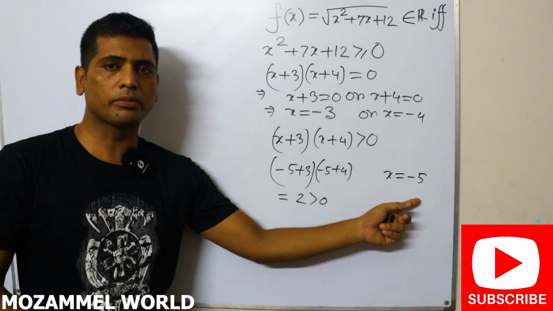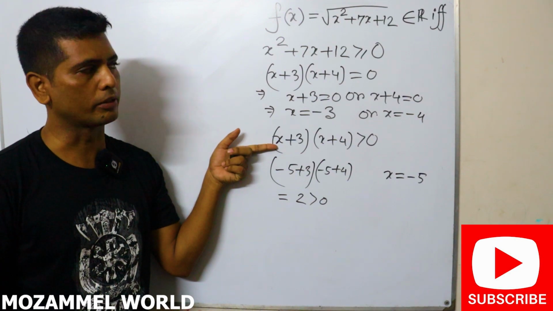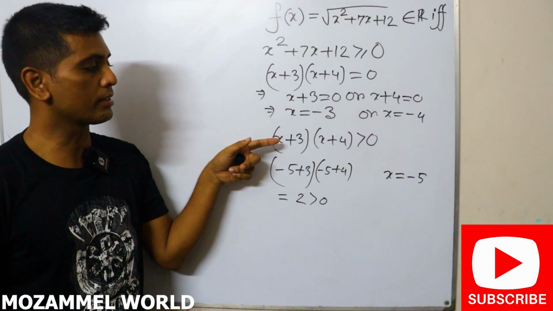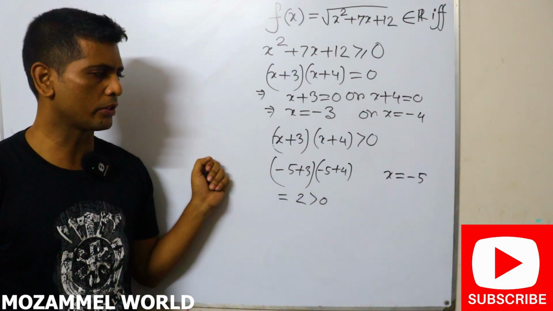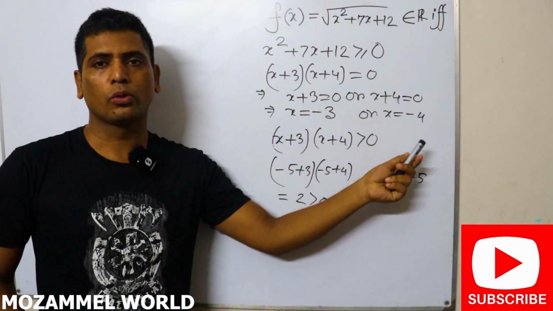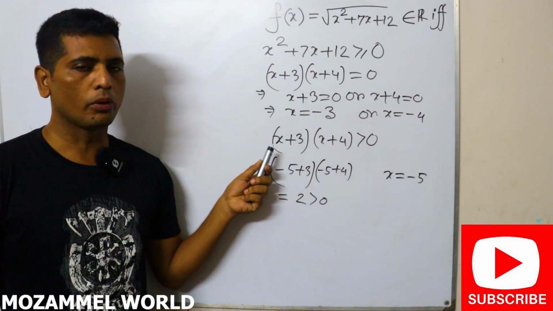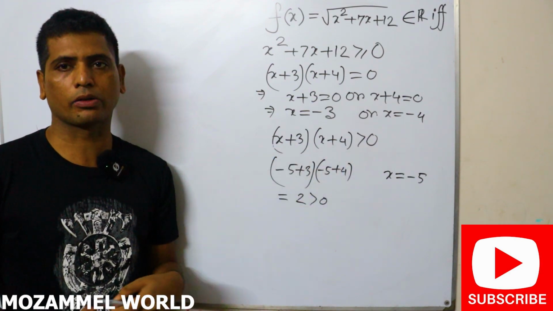So x equals minus 5 satisfies our second condition. This is our first condition, this is the second condition. That means values less than minus 4 satisfy our condition.